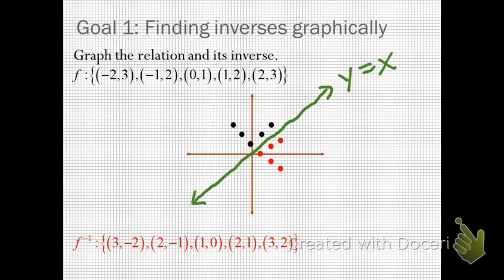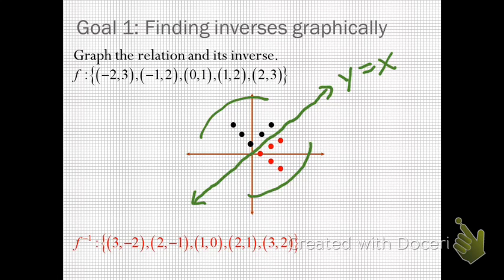Can you see the symmetry there? If I were to fold this part of the graph up top over that line right there, it would give me that graph right there.